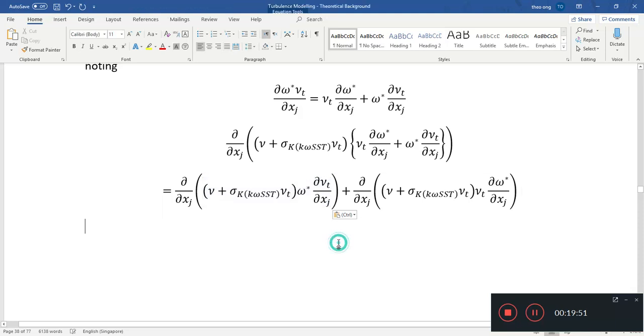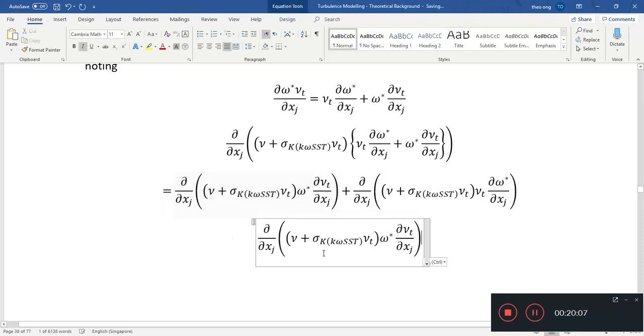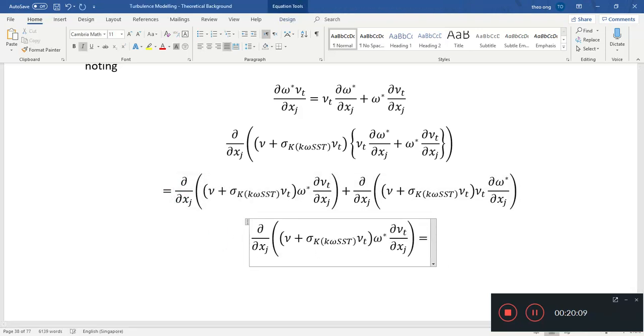Okay, so it looks like we'll need to do more differentiation here, and it's about to get a little bit messy. So let's simplify this part. We can do like so.